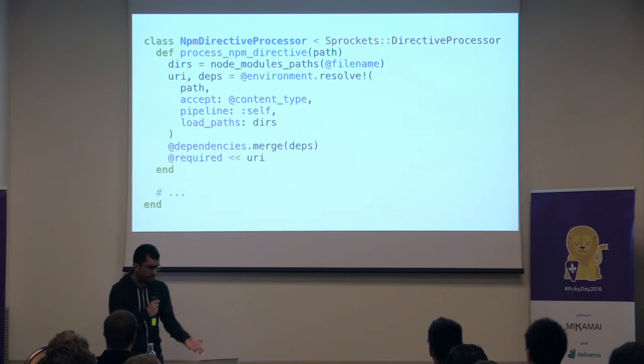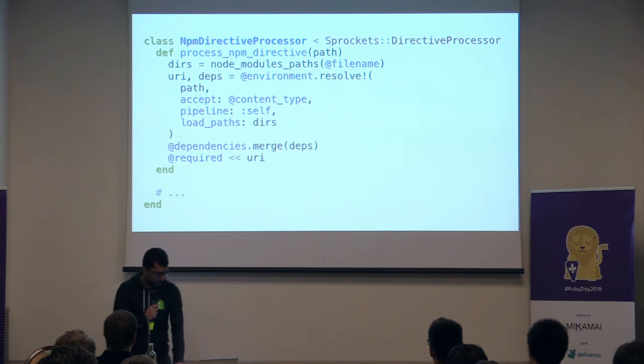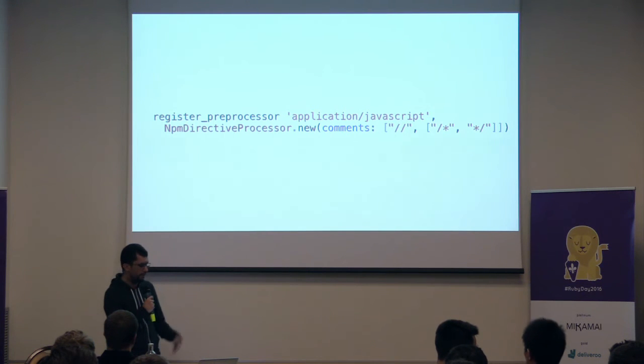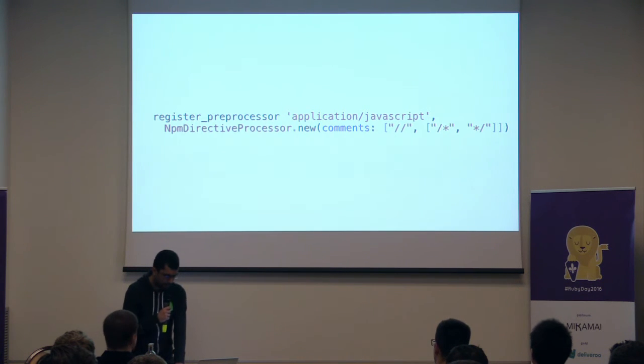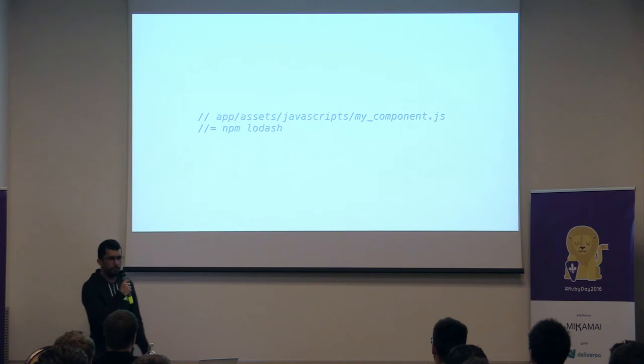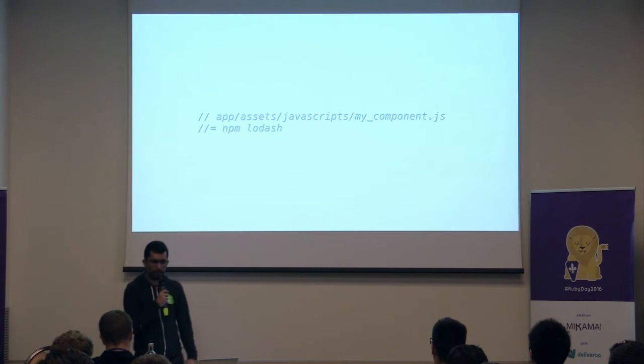So after you write the npm processor, you register it. You say that you want npm processors for all your JavaScript, so you just register it. And that is going to make it possible to do things like this, like load lodash from the npm node modules folder.